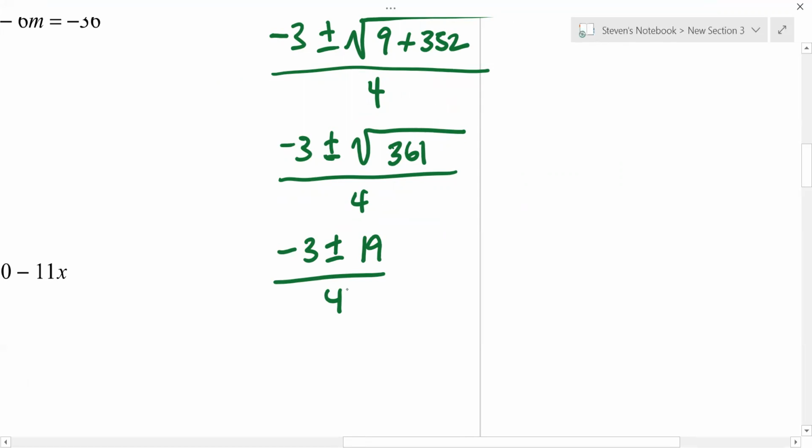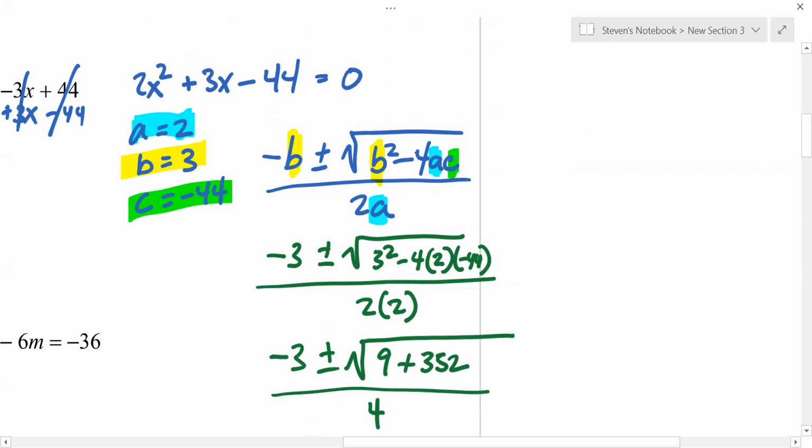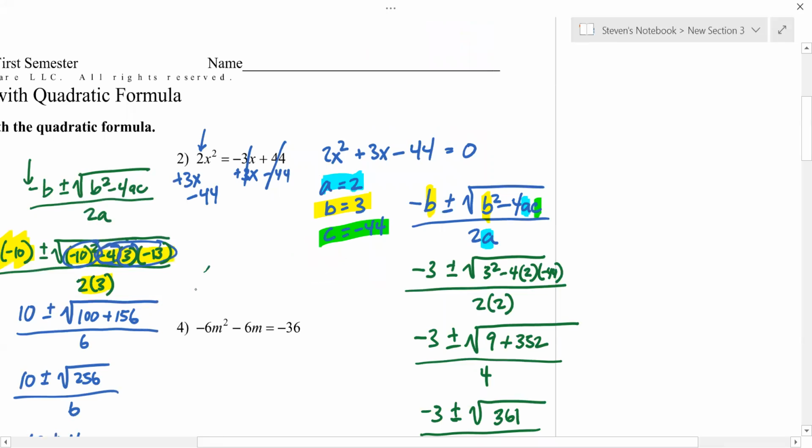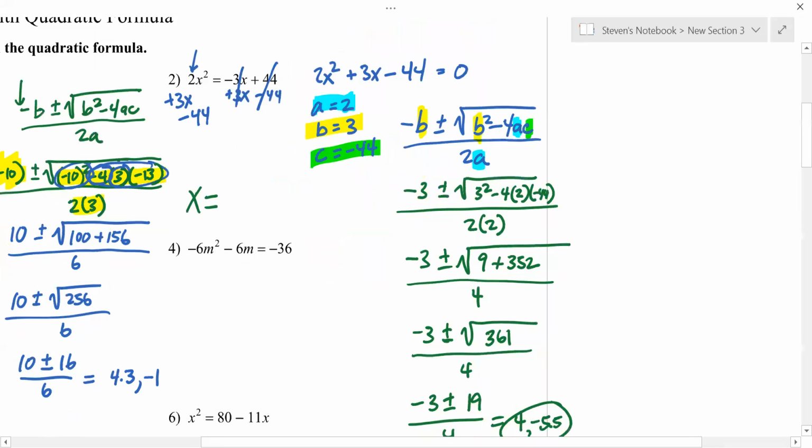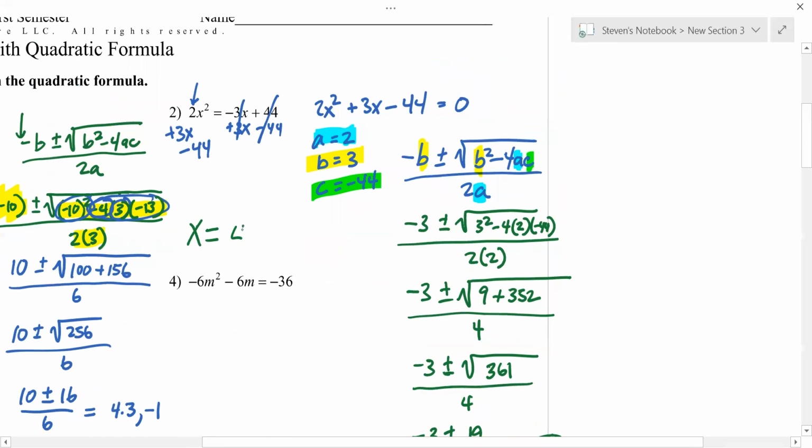So let's do negative 3 plus 19, which is 16, divided by 4 is 4. Negative 3 minus 19 is negative 22, and then negative 22 divided by 4 is negative 5.5. Those are your 2 solutions. So up here, I'm going to write x equals 4 and negative 5.5. 2 solutions there.